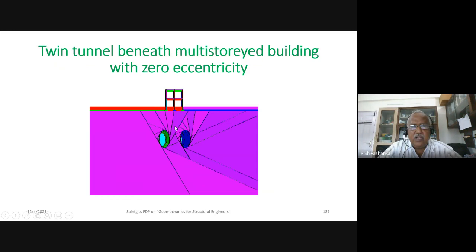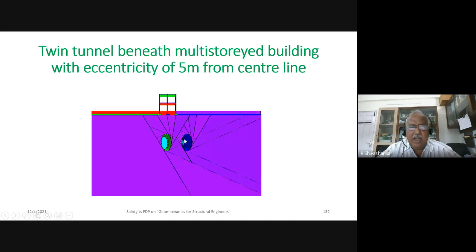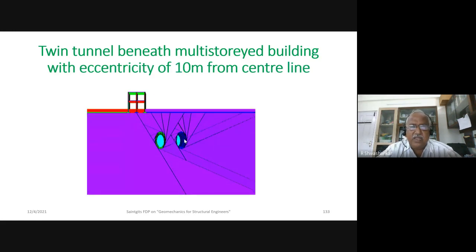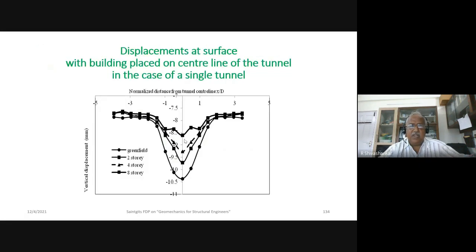Then we considered a building beneath twin tunnels, and the building at some eccentricity from the center, at 5-meter eccentricity and 10-meter eccentricity. So we studied what will be the influence on the settlements.